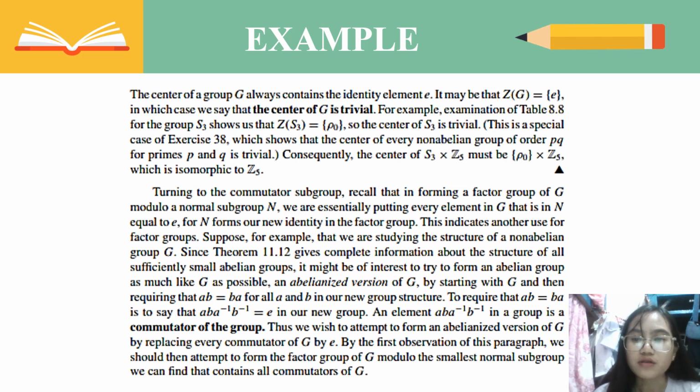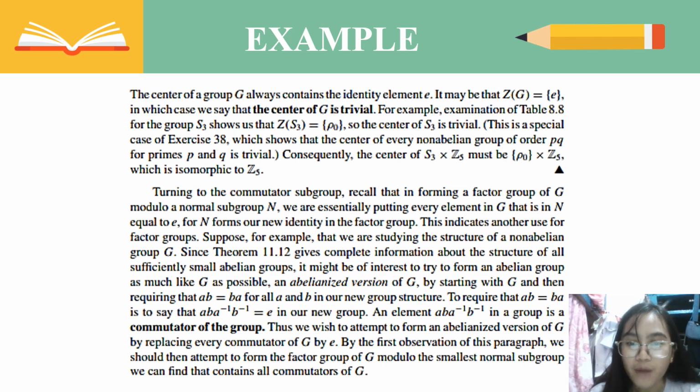Turning to the commutator subgroup, we recall that in forming a factor group of G modulo a normal subgroup N, we are essentially setting every element of G that is in N equal to E, the identity, for N forms our new identity in the factor group. This indicates another use for the factor group.